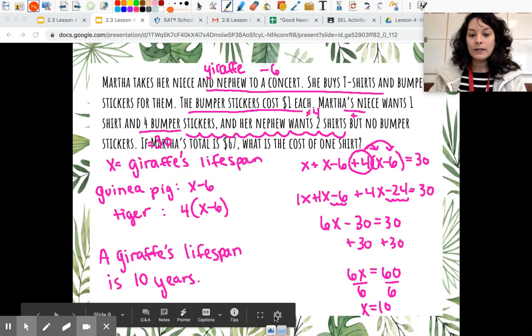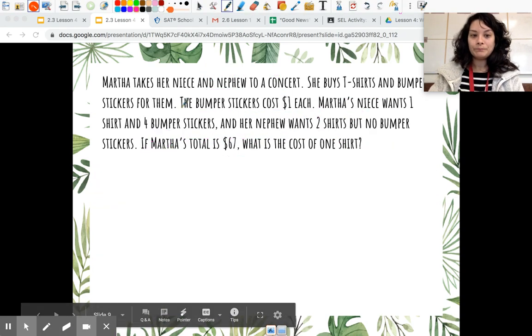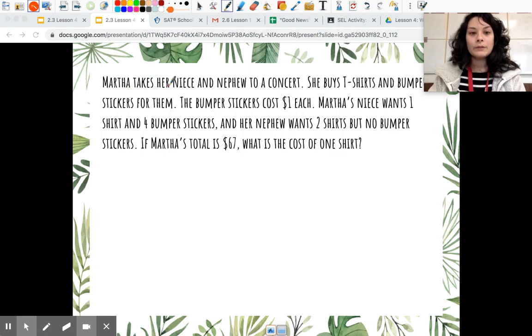Okay, let's try another one. I'll guide you through this one. It says, Martha takes her niece and nephew to a concert. She buys t-shirts and bumper stickers for them. The bumper stickers cost $1 each. Martha's niece wants 1 shirt, which we don't know the cost of yet, and 4 bumper stickers, which we know are $1 each.